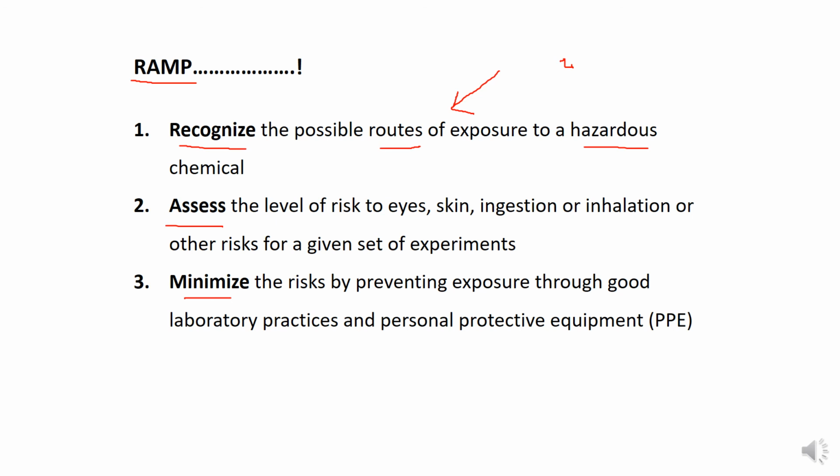The level of risk to eyes, skin, ingestion, and inhalation are the risks set by the experiment. So this is the assess step: these are the risk levels for the different body parts.